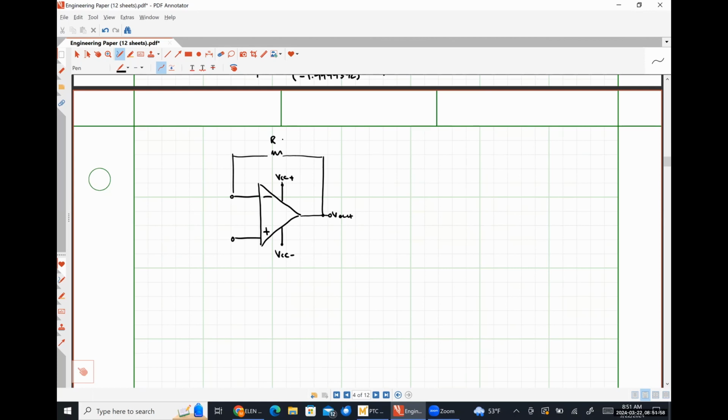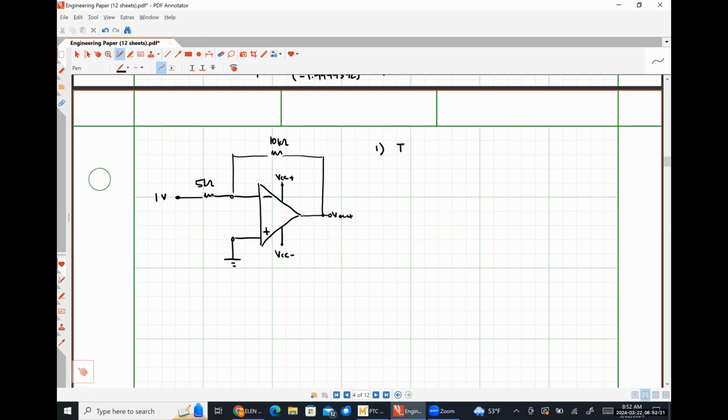Here this should be a 10K, 5K, 1 volt, ground. And I'm going to write the ideal op-amp rules out here.